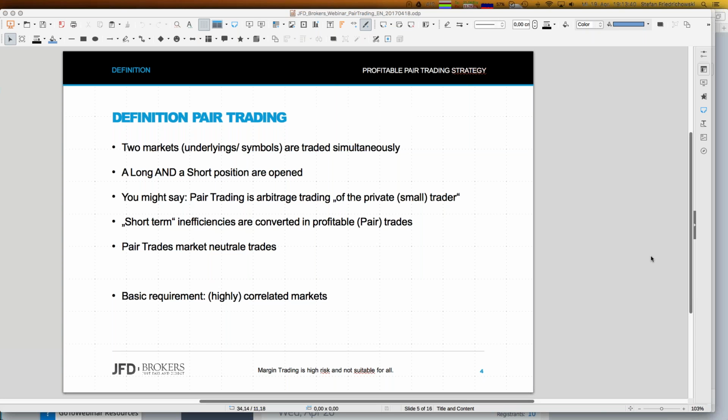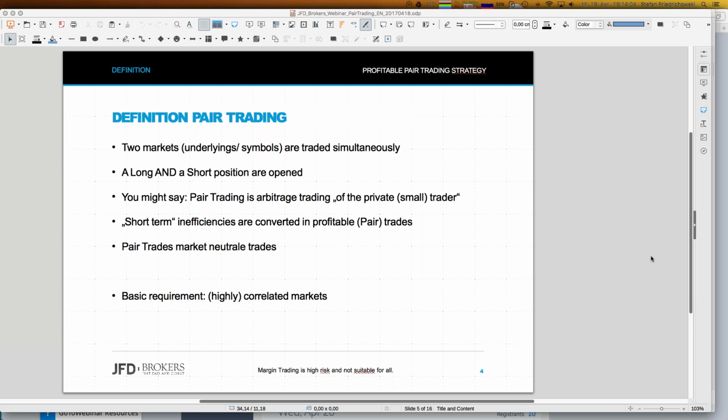What does it mean really to have those two trades simultaneously? It's a little bit, and I would just say it in brackets here, the arbitrage trading for the small traders.